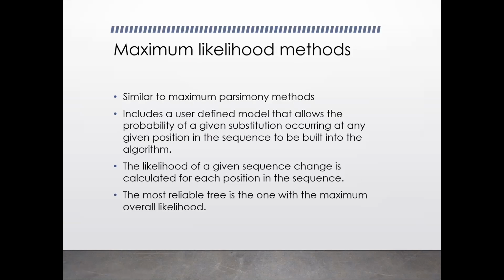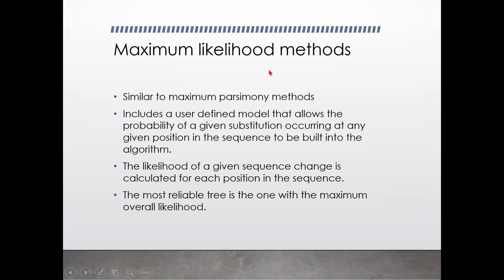The next method of phylogenetic tree building is maximum likelihood method. This is similar to maximum parsimony method, but the difference is that it includes a user-defined model, and this model allows the probability of a given substitution occurring at any given position in the sequence to be built into the algorithm.